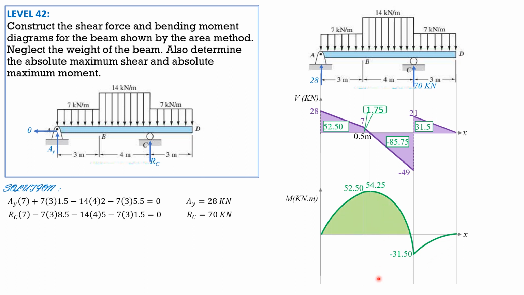So that's the moment diagram. So the absolute maximum shear from the figure is 49 kilonewtons, and the absolute maximum moment is 54.25, and it occurs at x equals 3.5 meters.